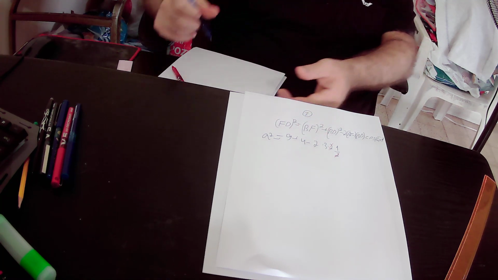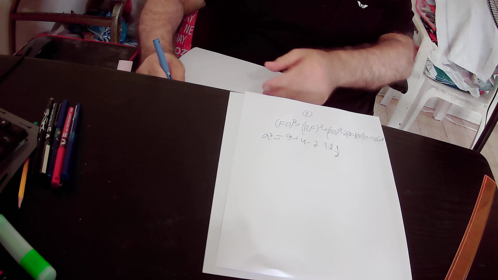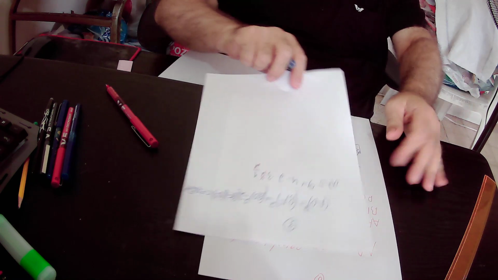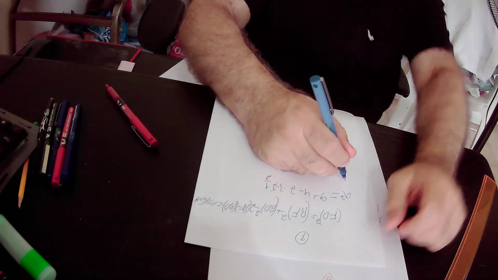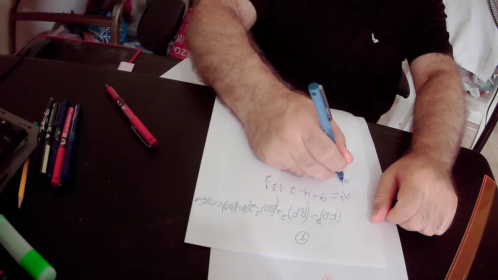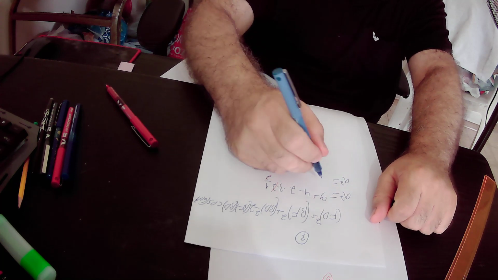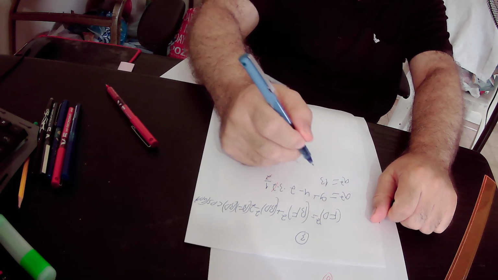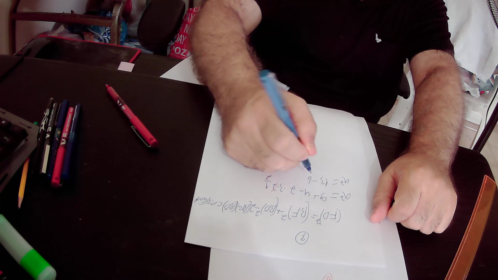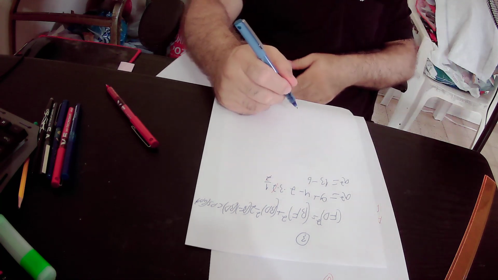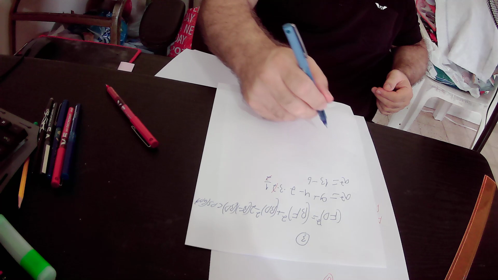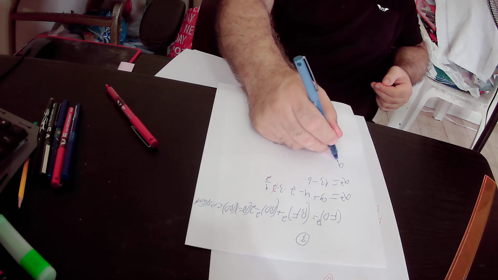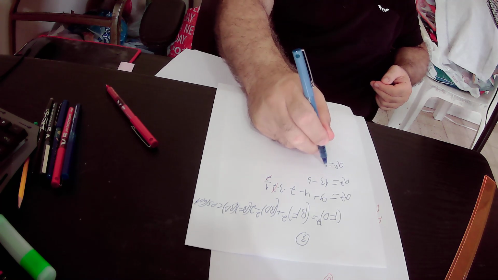So A square equals 13 minus 6. And 13 minus 6 is 7, so A square equals 7.